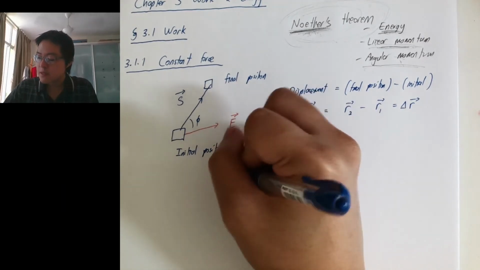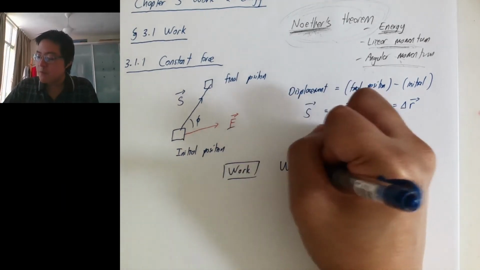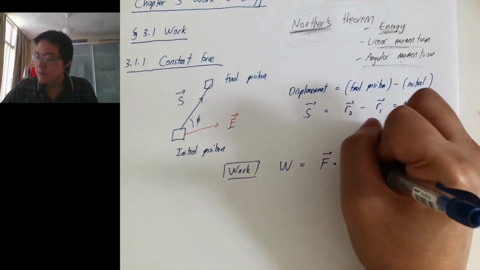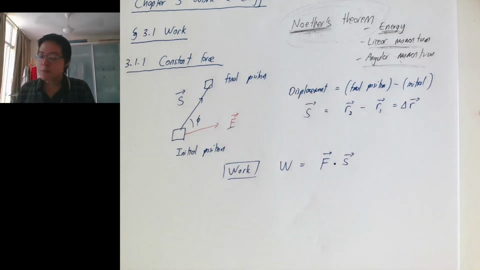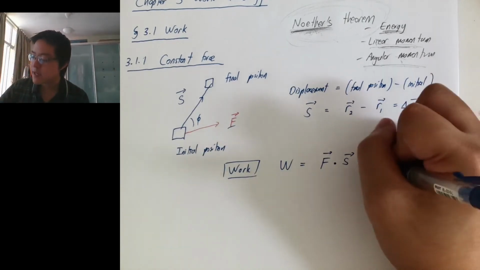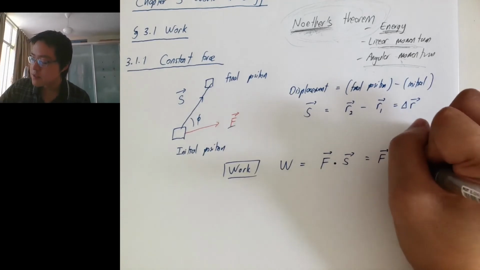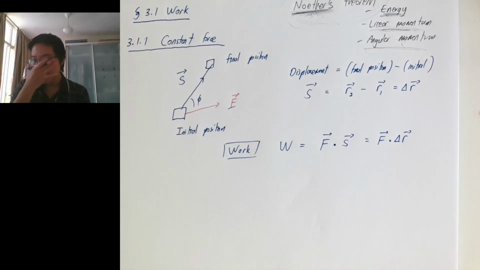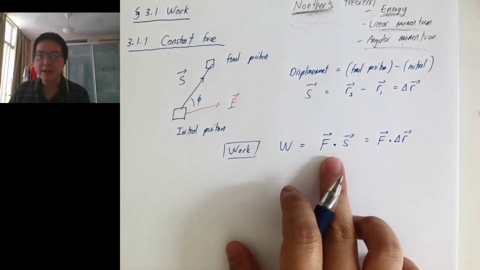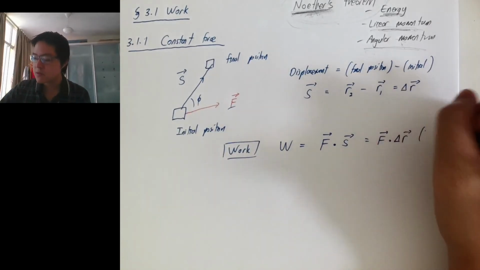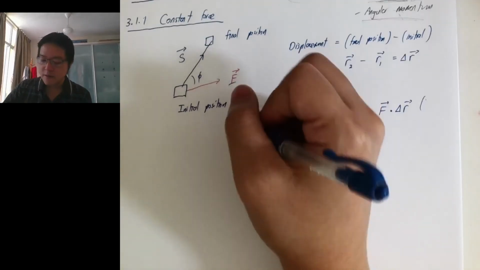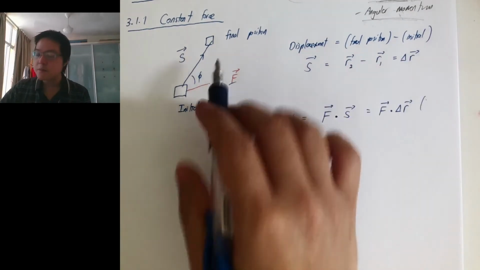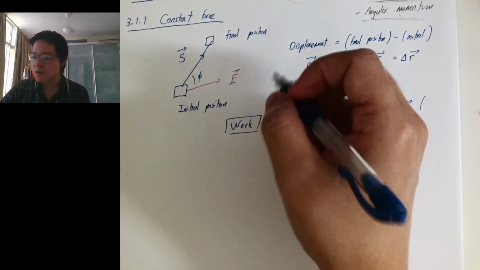The work is a quantity we purposely define to be the dot product between the force and the displacement. Sometimes we use the notation delta R. So this is the work done, and this is the vector notation. Another notation is by looking at the magnitude.